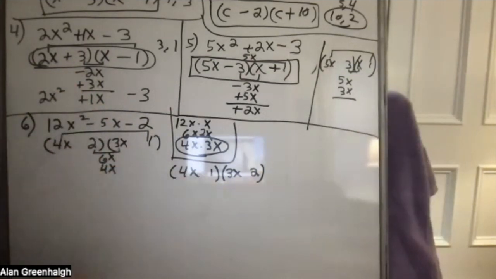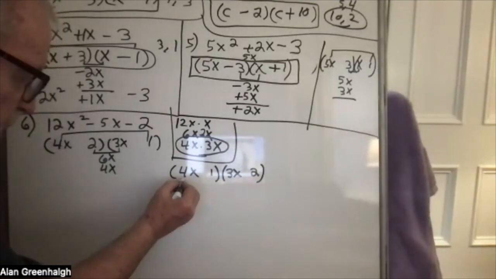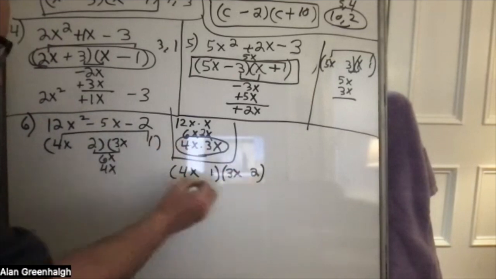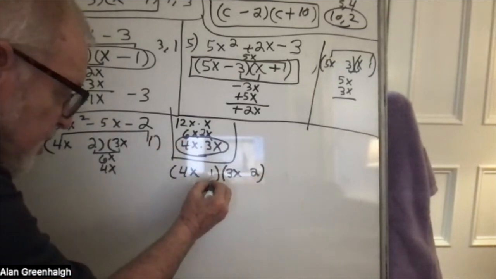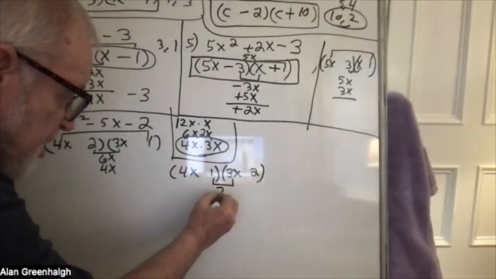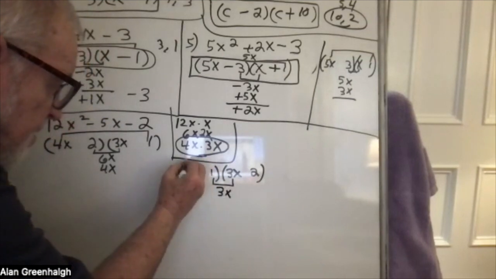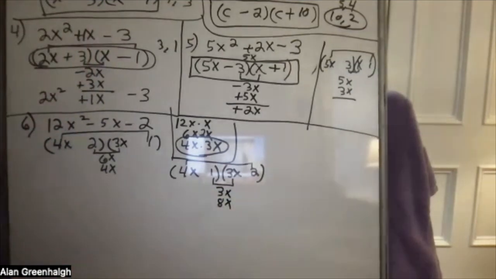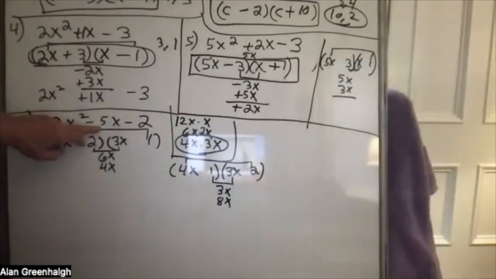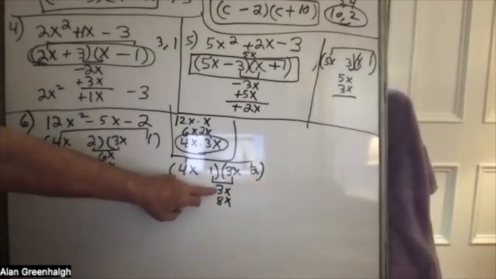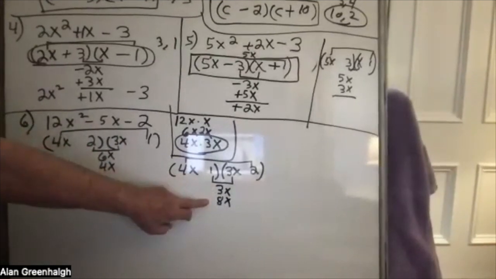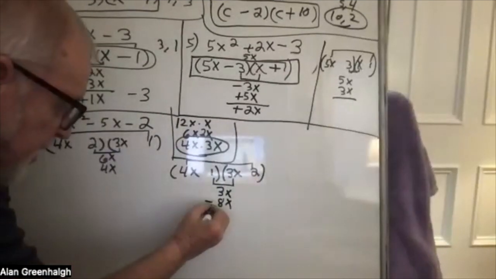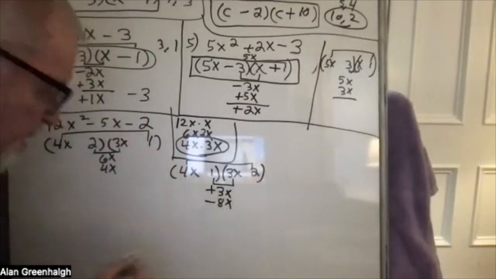Let's go over here. So this looks good because 4x times 3x is 12x squared. 2 times 1 is 2. Now let's look at the middle term. This is 3x. This is 8x. And it looks like we can get a 5 out of an 8 and a 3 by subtracting them. Now remember, we want a negative 5, so this has to be negative 8 and positive 3.